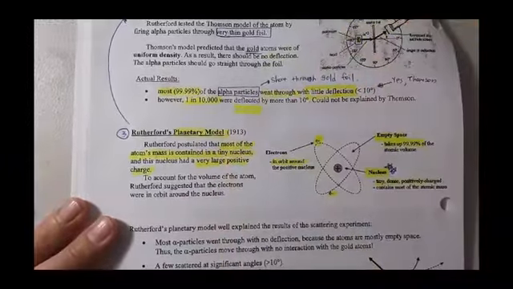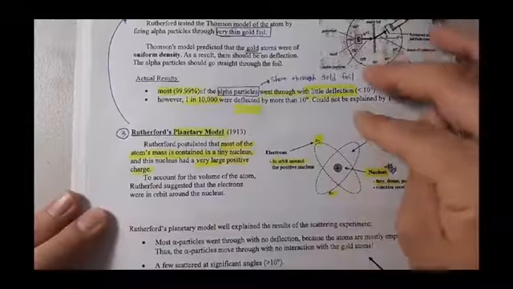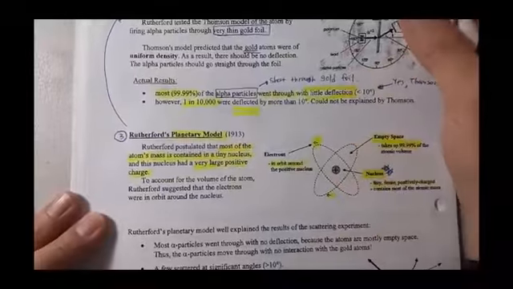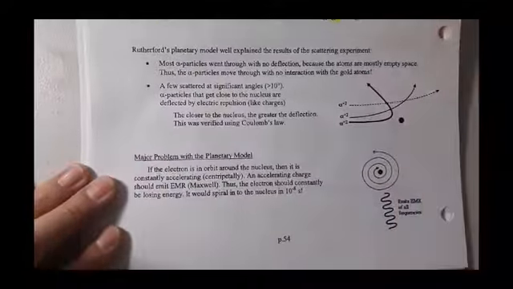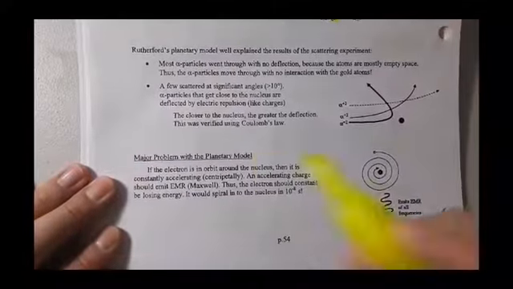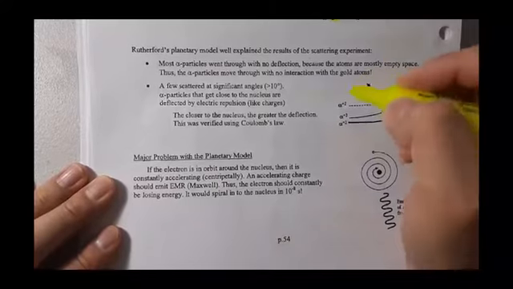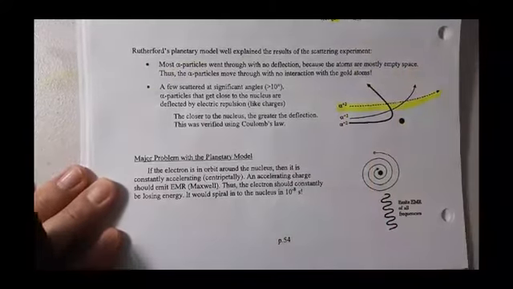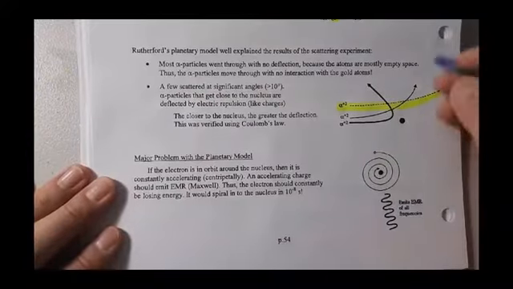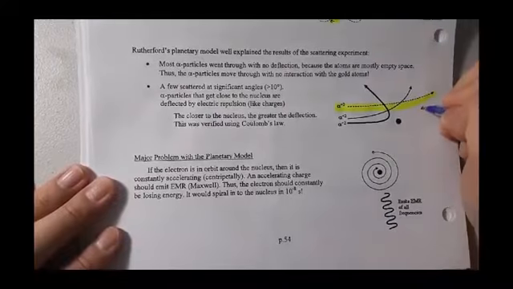So if I explain this discovery as an actual result, can you go down to page 54? Rutherford planetary model. If you look at this alpha particle that goes through like this, that is what Thomson predicted, or that supports Thomson.